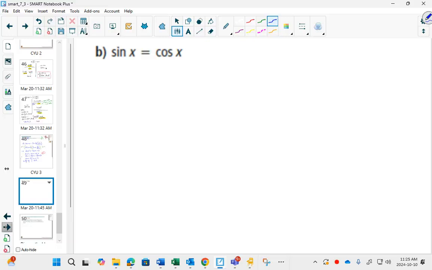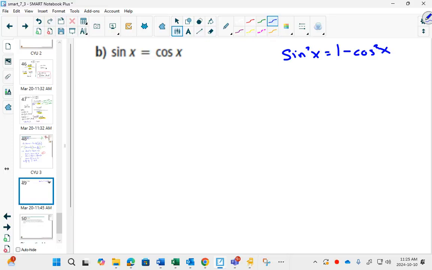Sometimes people are tempted. You know how you can rearrange your big idea that sin squared x is 1 minus cos squared x? So if there was a sin squared x, I could change it to 1 minus cos squared x. But since there's just a sin x, I can't.